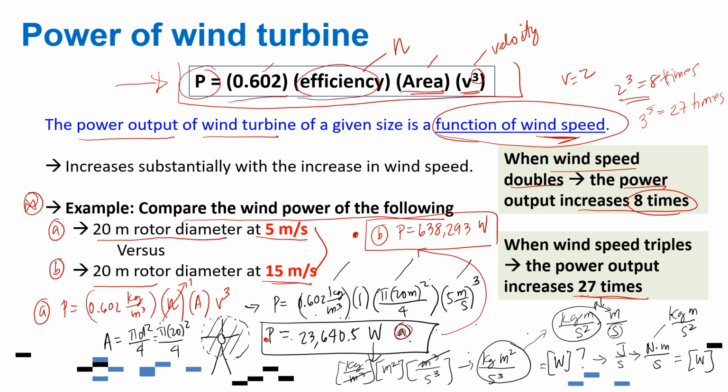So it means that this part here is 8 times larger than this part here, not 8 times, it's 27 times, because it triples. 27 times larger than this part here. You can check that one if it's 27 times.